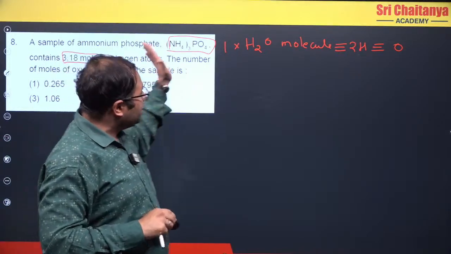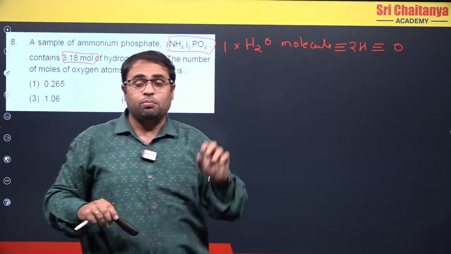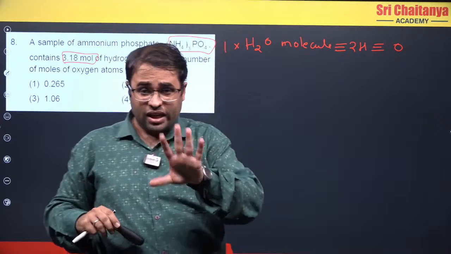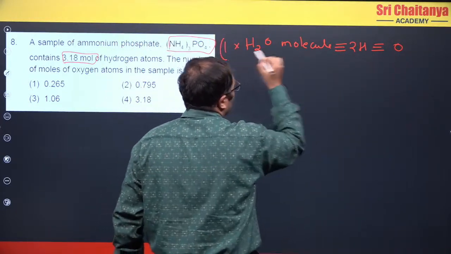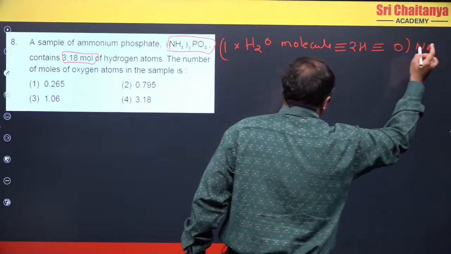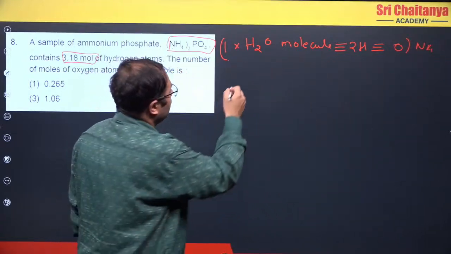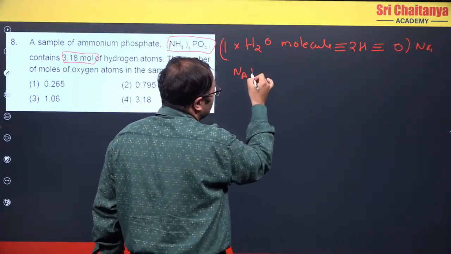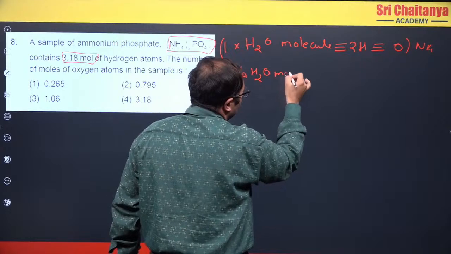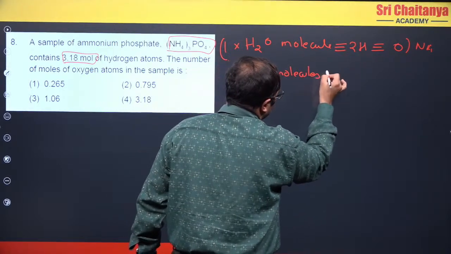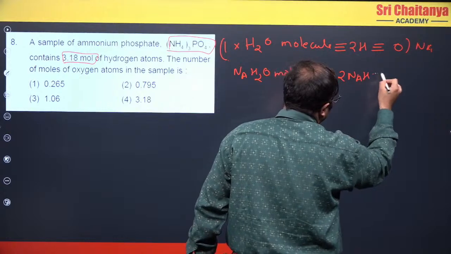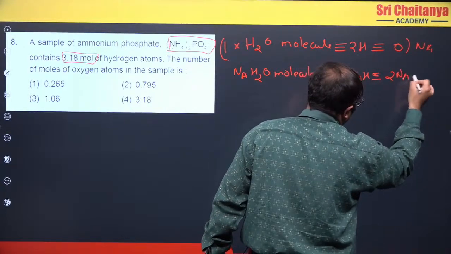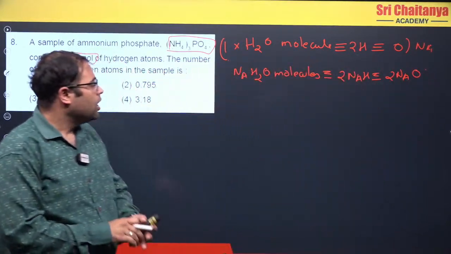Now, I can multiply this complete equation by Na very easily, right? So, let us multiply this complete equation by Na. If I do that, see what will happen. You will have here Na H2O molecules, here 2 Na H atoms, and here Na O atoms, right?